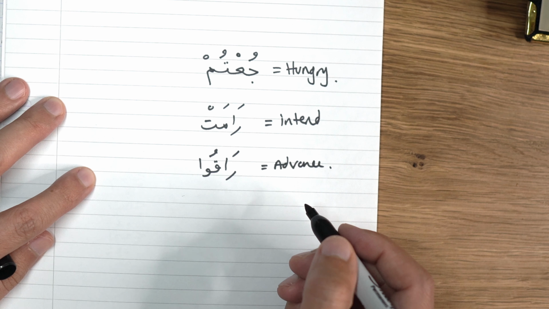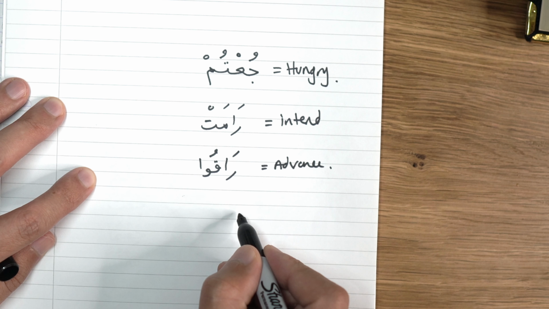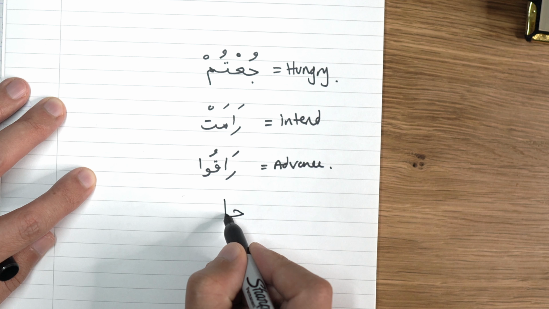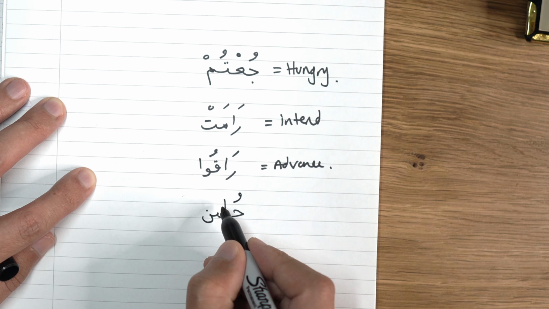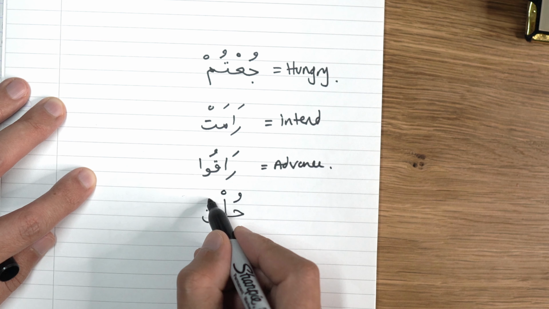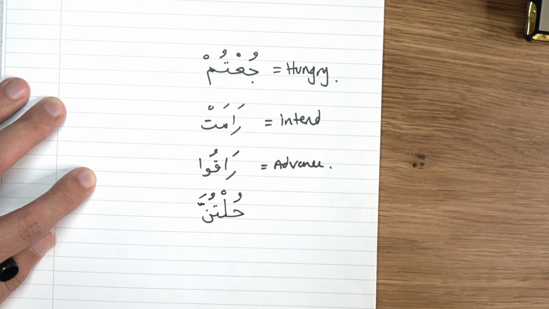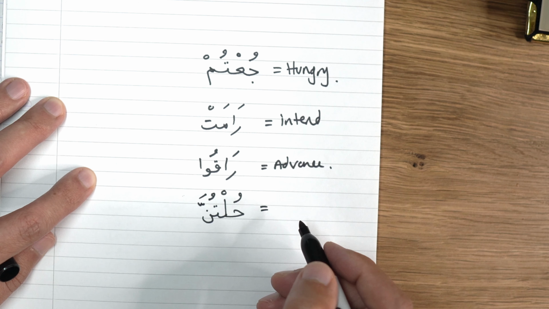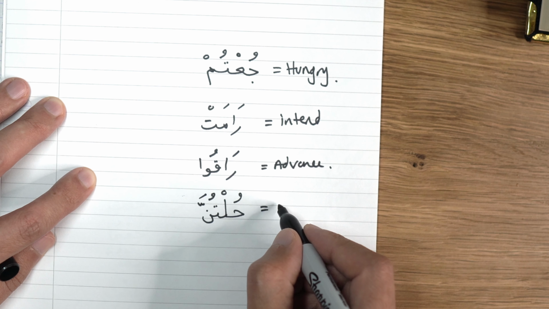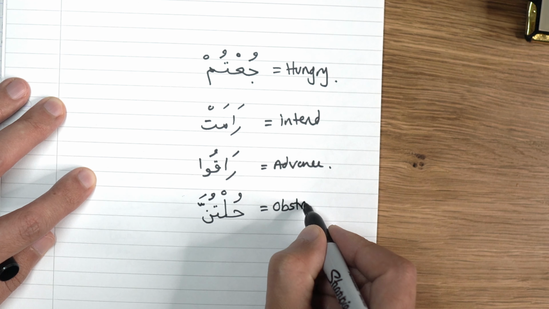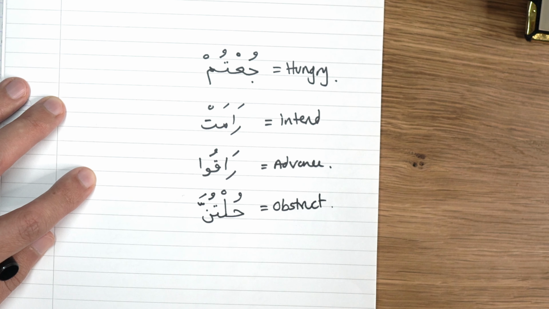Okay, what does حلتن, right? So it means to obstruct. Yeah. So حلتن. So what does حلتن mean?